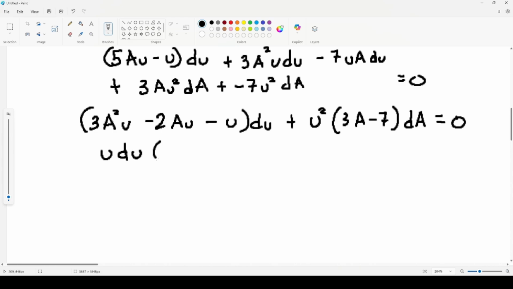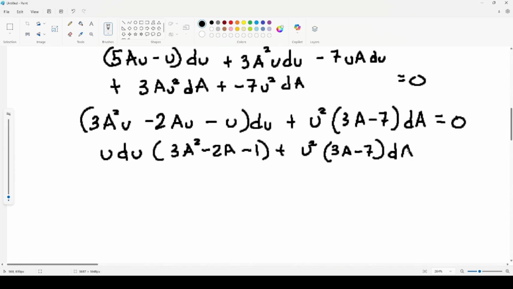Du, right? (3a squared minus 2a minus 1) plus u squared (3a minus 7) da. Divide both sides, so it is separable. Divide both sides by 3a squared minus 2a minus 1 and u squared.